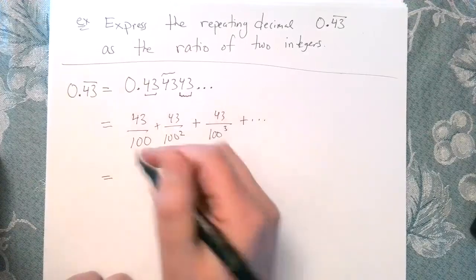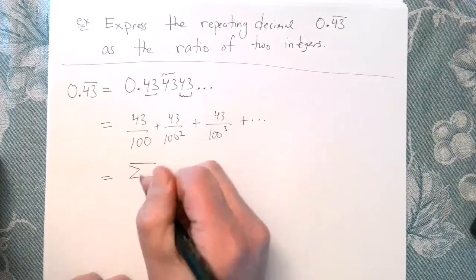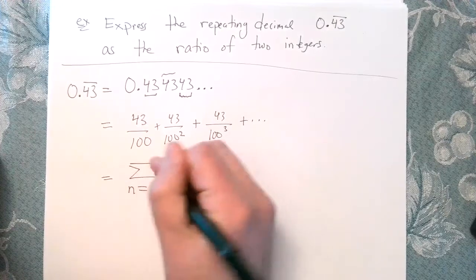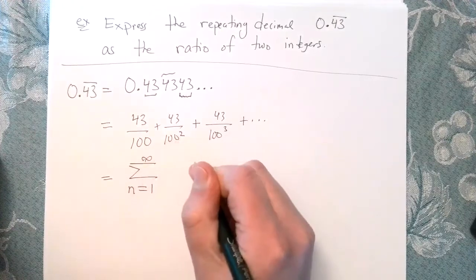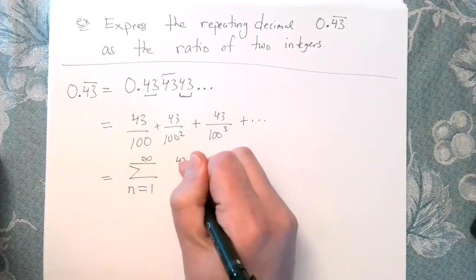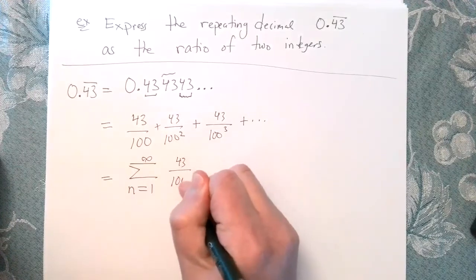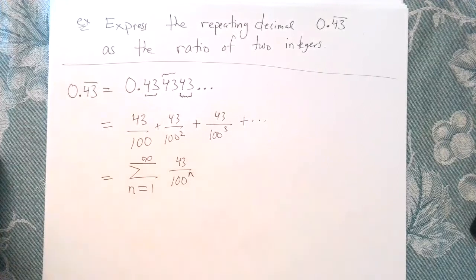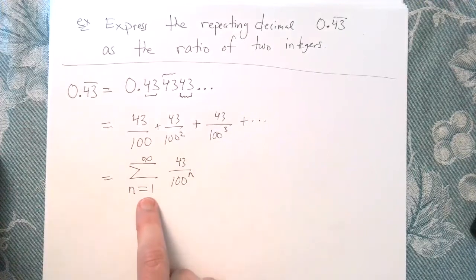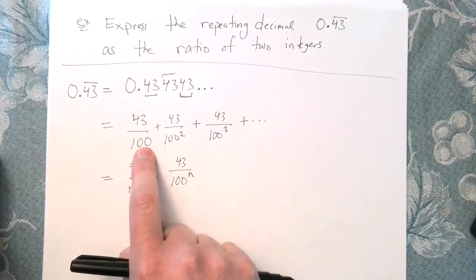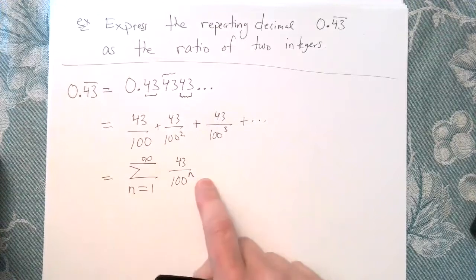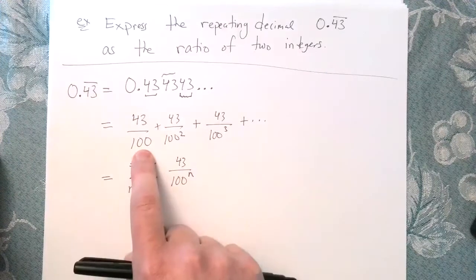Okay, so let's generalize the pattern. So this is the series from n equals 1 to infinity of 43 over 100 to the n. And let's see if that makes sense. So if n equals 1, do I recover this first term? In fact, I do. If n is equal to 1, I get 43 over 100, so that's nice.